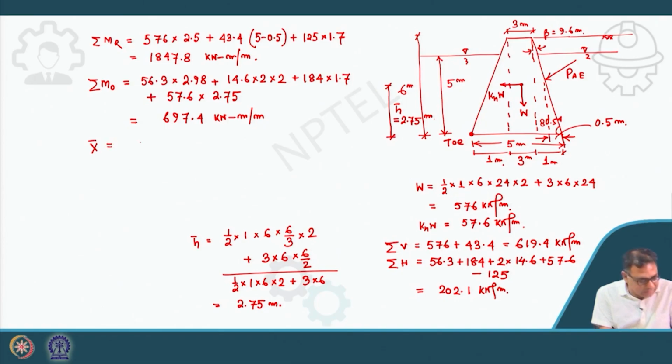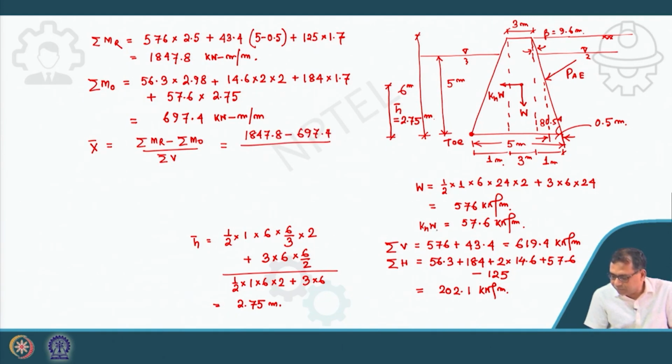So, x bar is again the summation of MR minus summation of MO divided by all vertical forces. So, it is equal to 1,847.8 minus 697.4 divided by all vertical forces, which is 619.4.